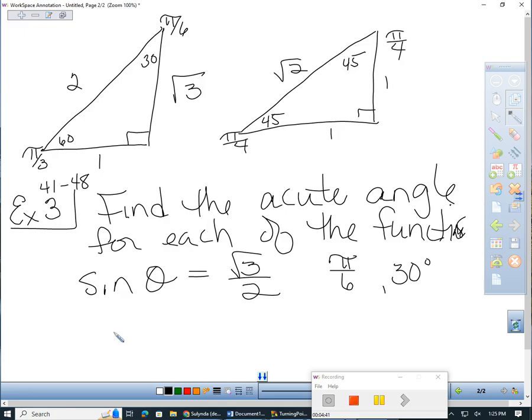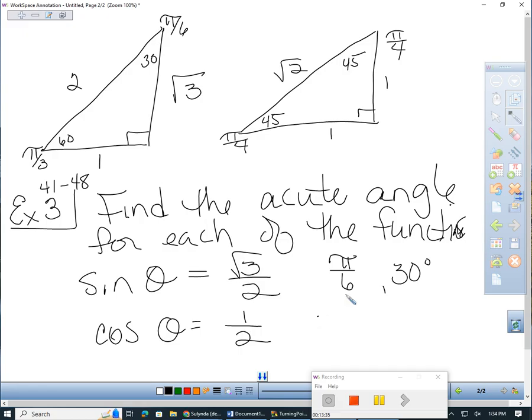Let's say I wanted the cosine theta equals 1/2. So again, that's on our first triangle, right? And cosine is adjacent. So what angle is adjacent to the 1?